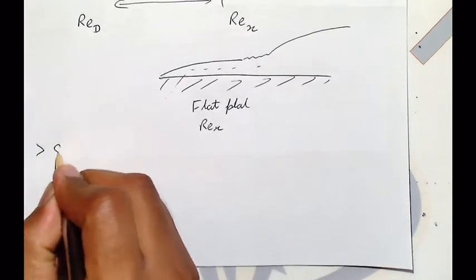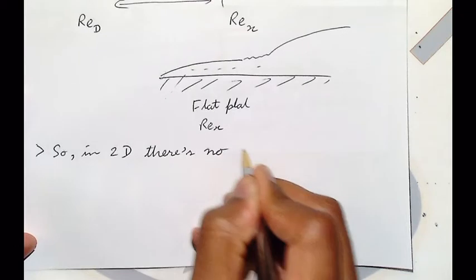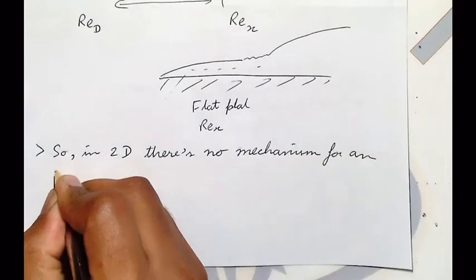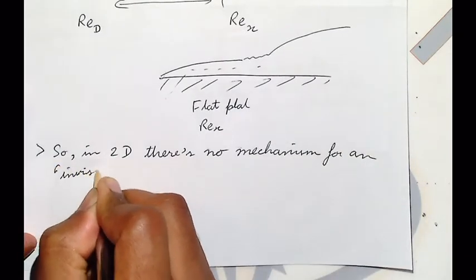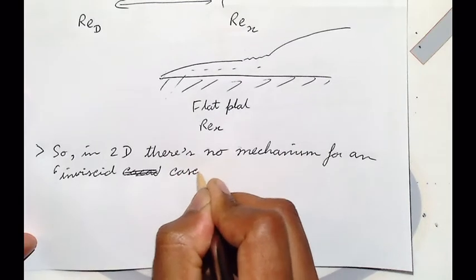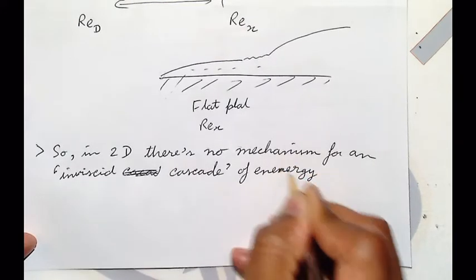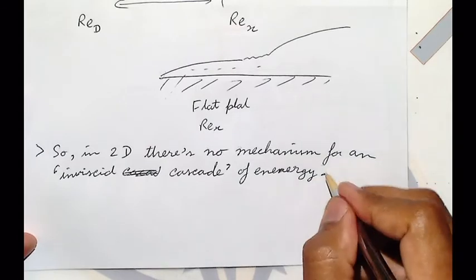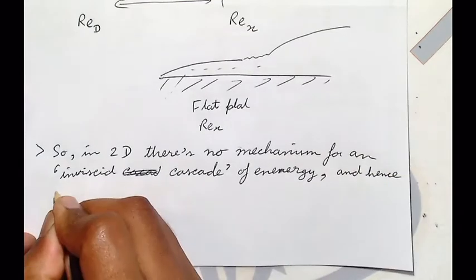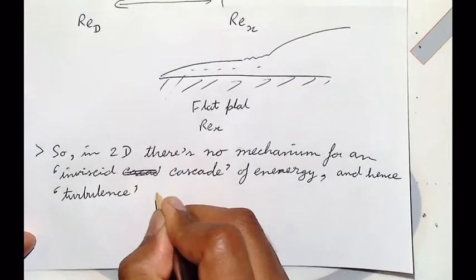So in 2D, there's no mechanism for an inviscid cascade of energy, which, when we put it in quotes, contains turbulence. Turbulence cannot be simulated in 2D.